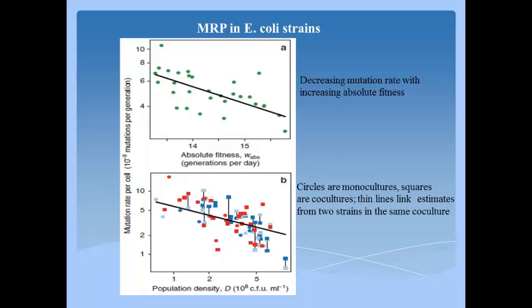In other words, they found strong evidence for an inverse relationship between final population density and mutation rate. Fewer cells, more mutations.